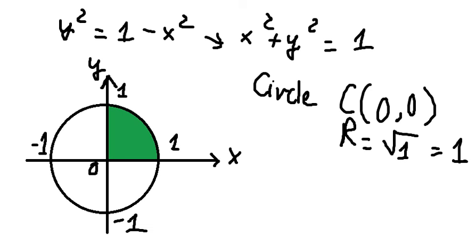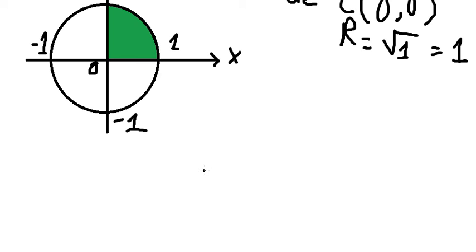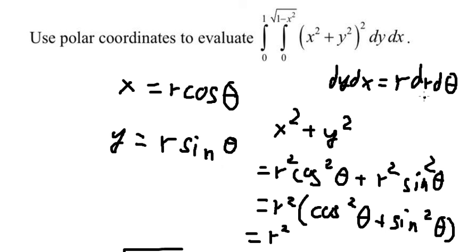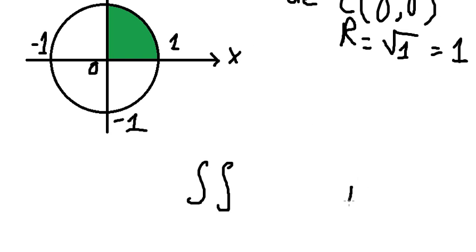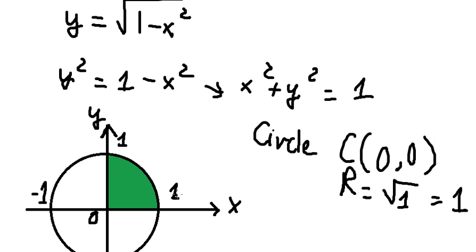Now we can put in the new bounds in here. So this one we have dr, that's the radius from 0 to 1. For d theta, we see that we start from here and we go to here.